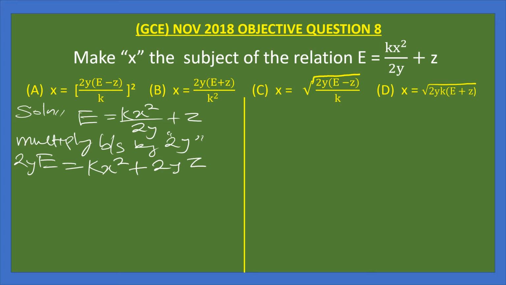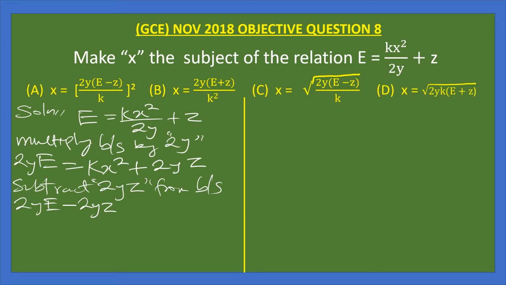Because we want x to stand alone, we subtract 2yz from both sides, which now gives us 2yE minus 2yz is equal to kx squared plus 2yz minus 2yz.